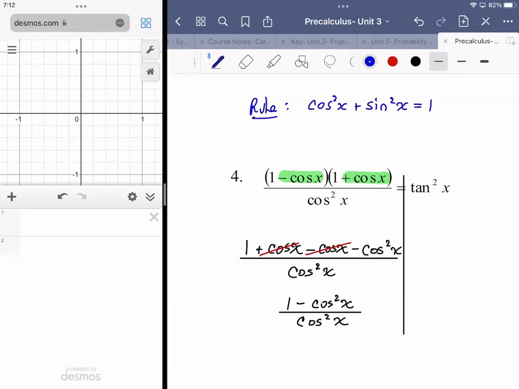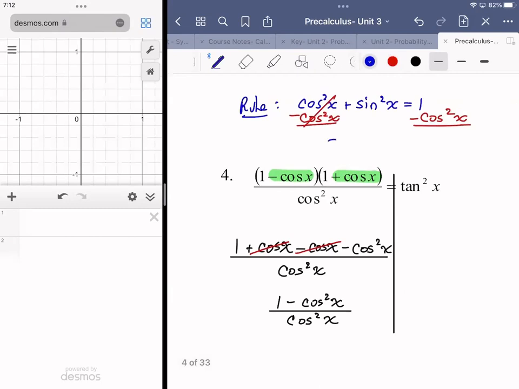Or thetas, cosine squared theta, or cosine squared a, or t, whatever. Now, if I were to subtract the cosine squared x from both sides in my rule, I get another rule, and that is that sine squared x is equal to 1 minus cosine squared x.